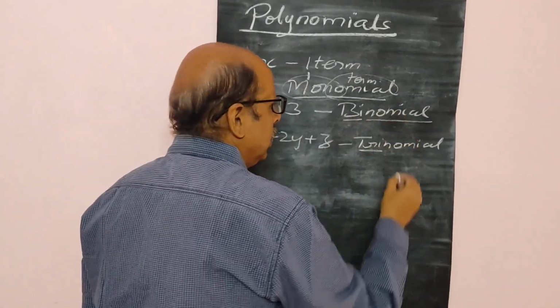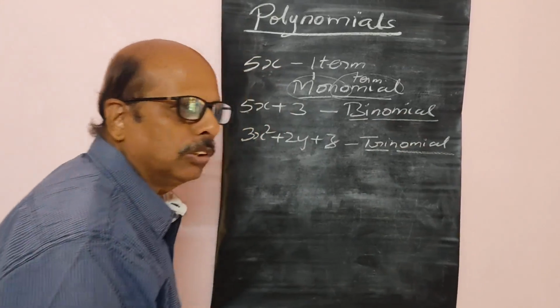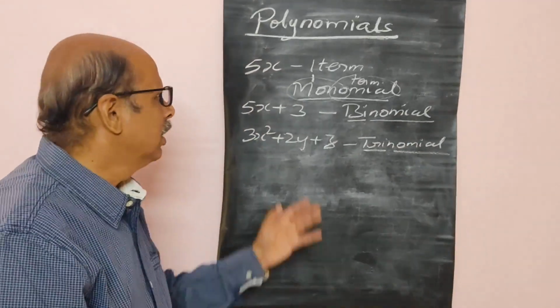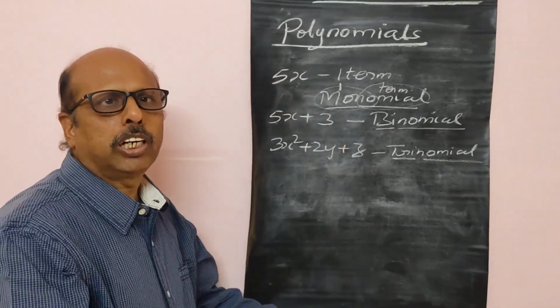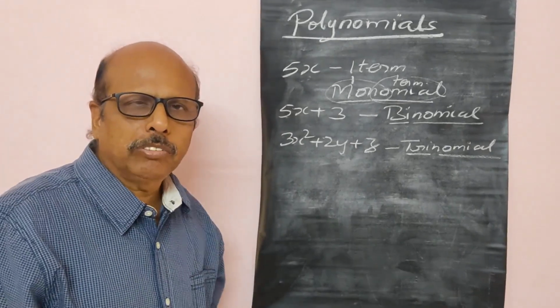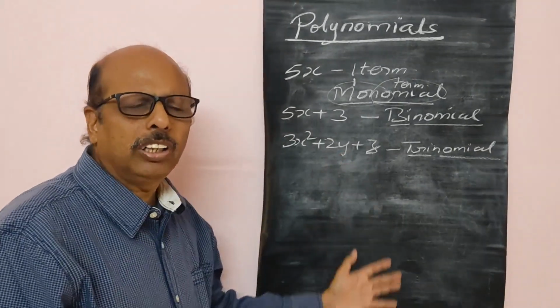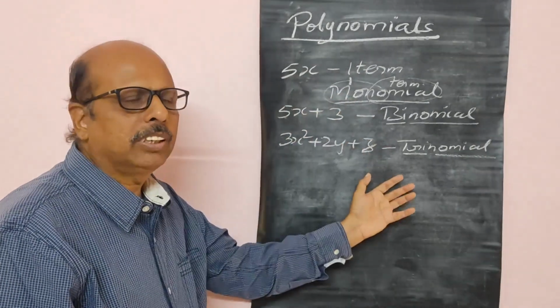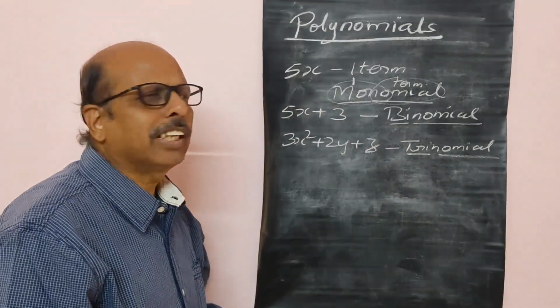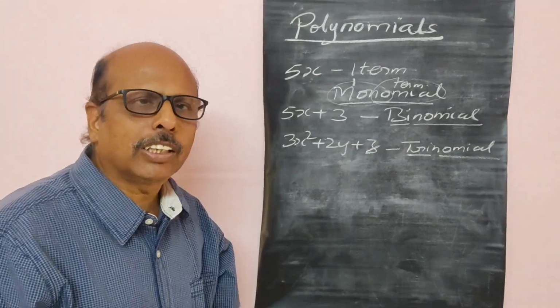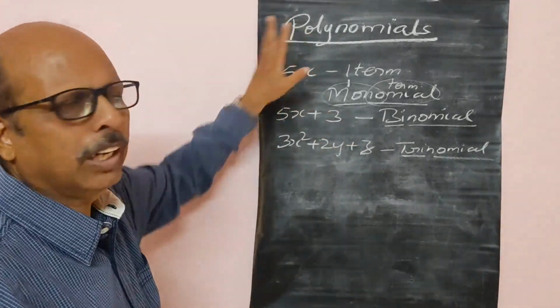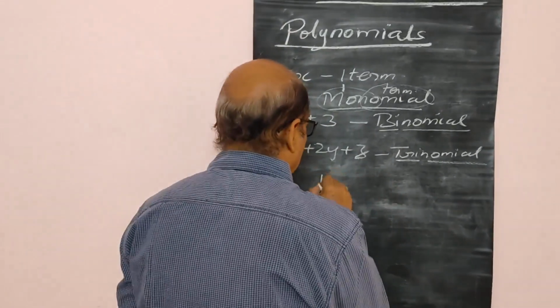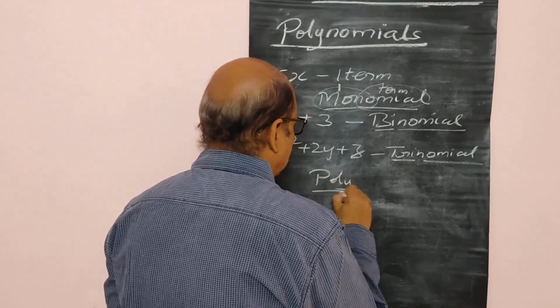Tri means three, nomial means term, so trinomial. As you know 1, 2, 3, 4, you can keep on naming, but it is simpler not to name all the things. So we have monomial, binomial, trinomial. Then they said that anything more than three terms, let us call it a polynomial. Poly means many.